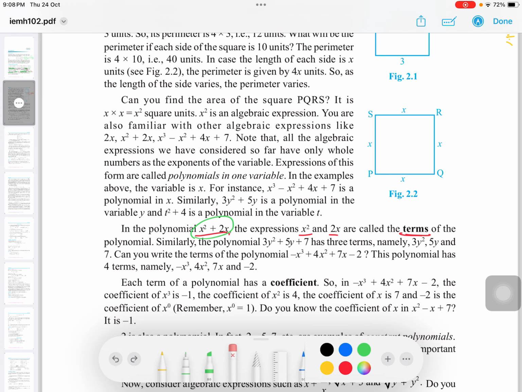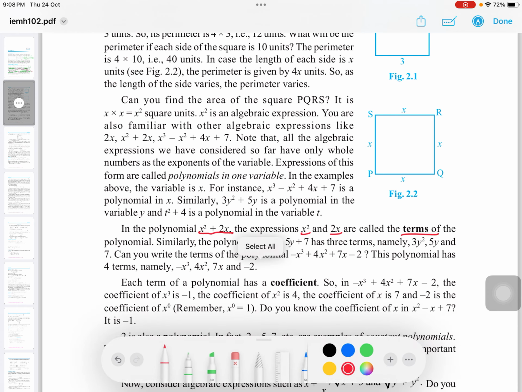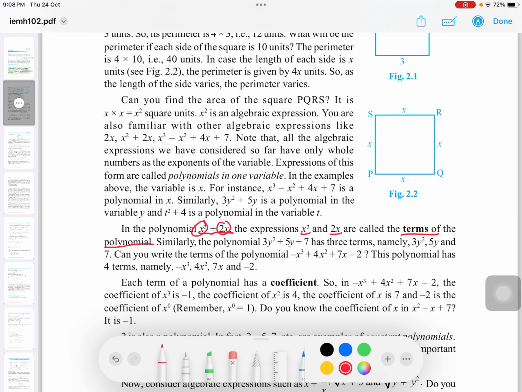And then அவங்க சொல்கிற மாதிரி இந்த polynomial x square plus 2xல x square, 2x வந்து terms of the polynomial. இந்த polynomialக்கு இதுதான் டேர்ம்ஸ்ன்னு சொல்கிறாங்க. சிமிலர்லாக இந்த டேர்முக்கு 3 டேர்ம் இருக்குது.